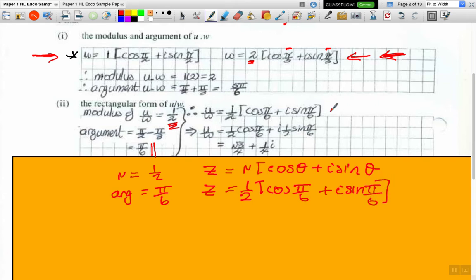So that's how we get that line there. But they didn't ask us that, that just gets a method mark. What they asked us to do is get the Cartesian version, the rectangular version.